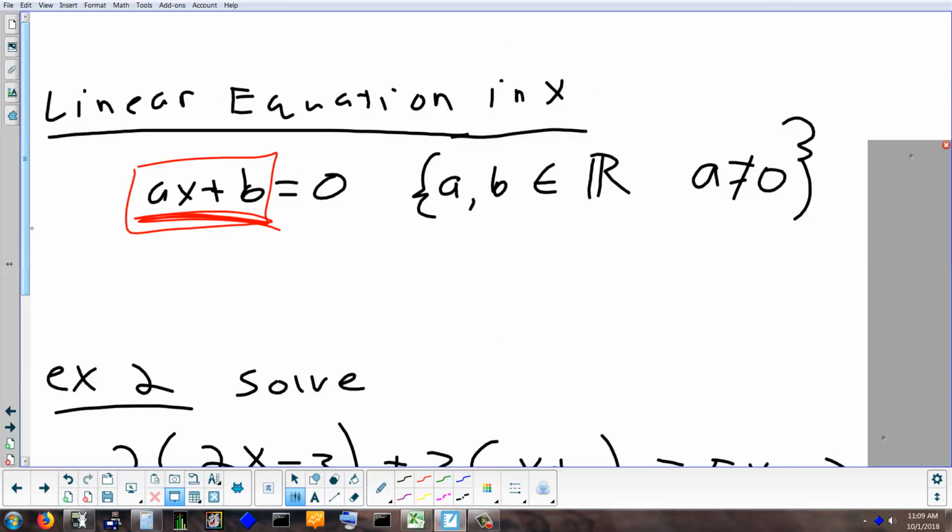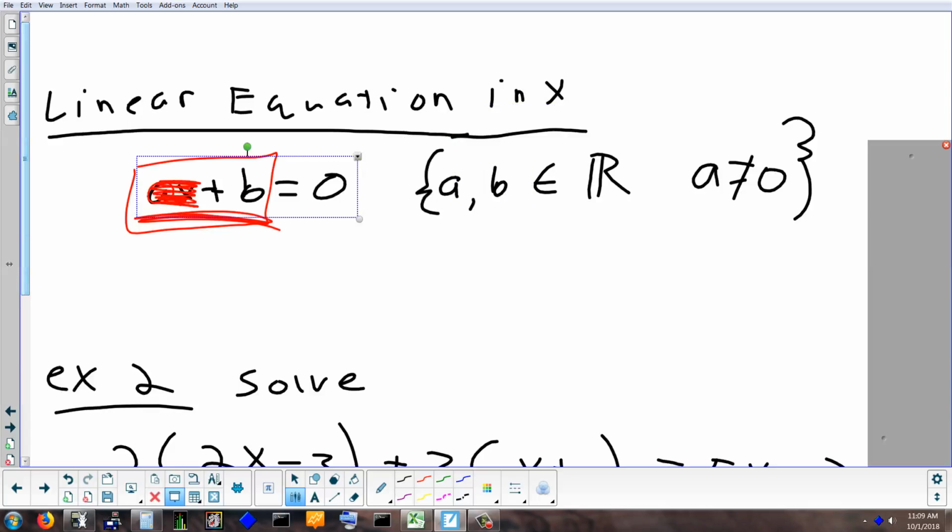So the only thing we've got to be careful about is what A and B are. What this says is A and B are real numbers. A and B are elements of the real numbers, meaning A and B can be positives, negatives, fractions, or decimals. The only thing A can't be is 0. Because if you make A 0, what's 0 times anything? 0.